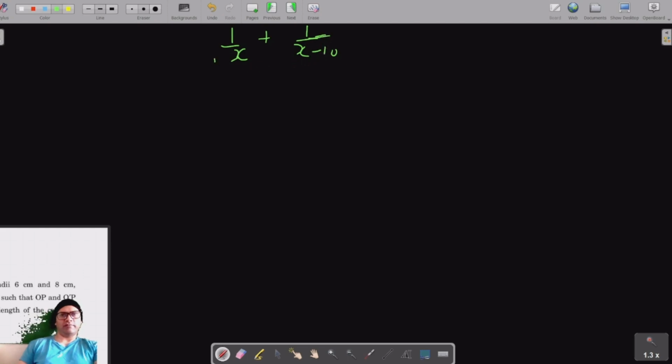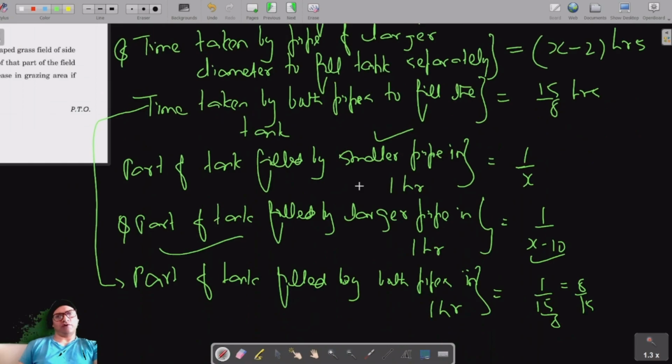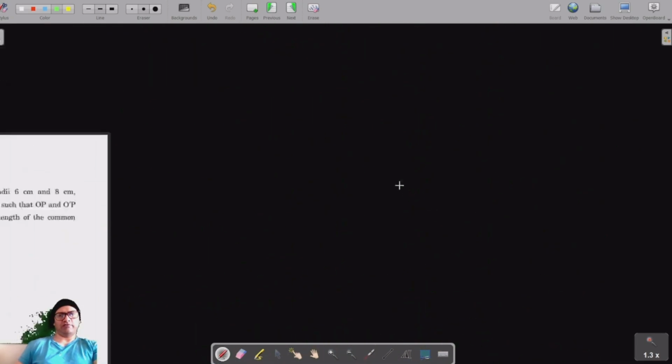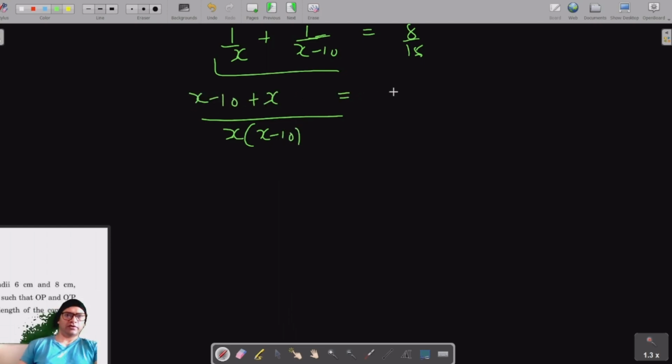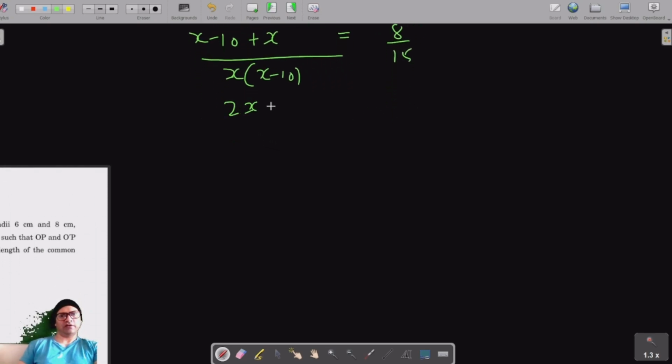So both of them can fill 8 by 15 of the tank in 1 hour. If I add them and take the LCM to get the quadratic equation, x into x minus 10, so x minus 10 plus x, 2x minus 10 upon x squared minus 10x is equal to 8 by 15.